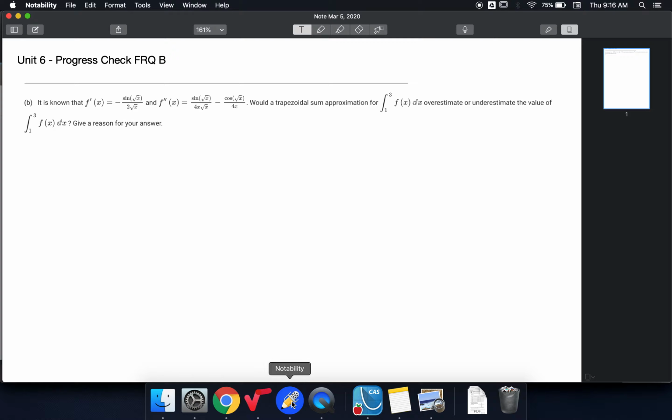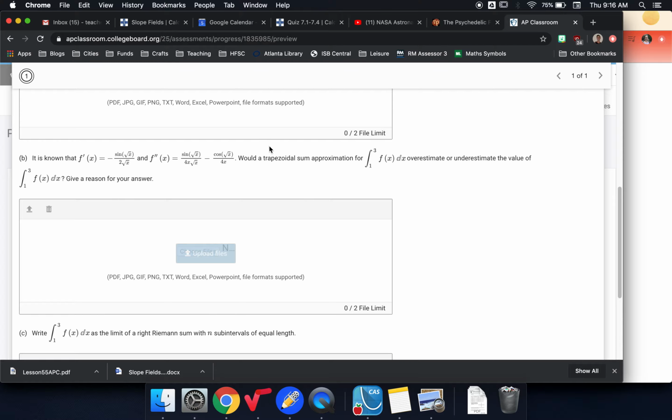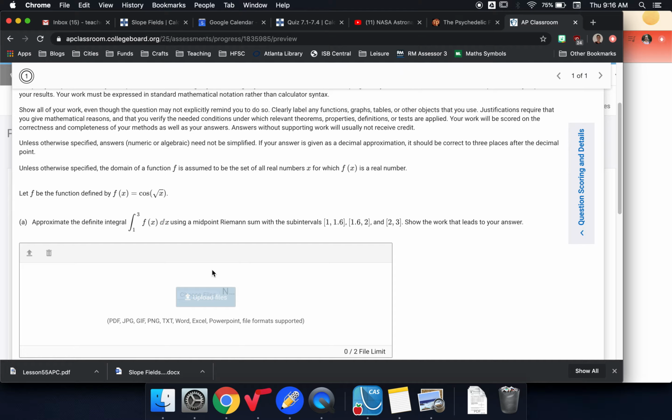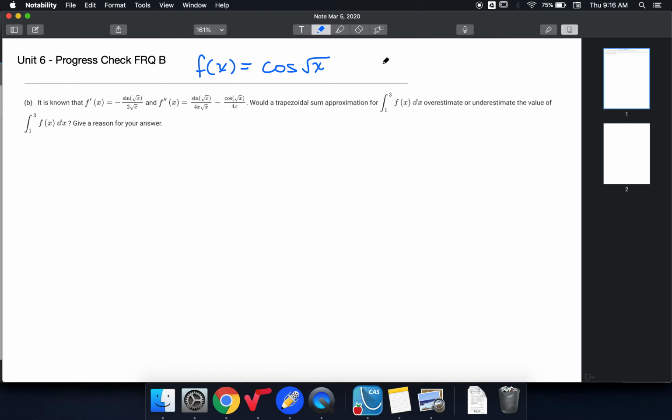So we were originally given the function f of x equals cosine of root x, and they've given us the first and second derivatives of that. We're approximating the integral between 1 and 3 of f of x dx.